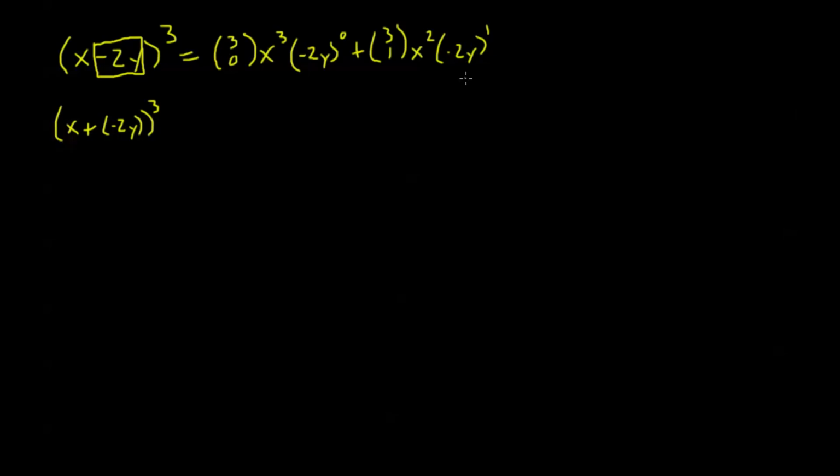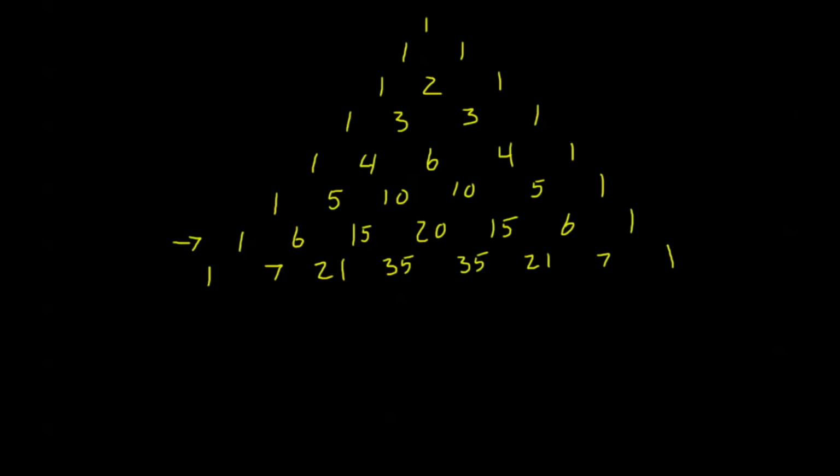Remember, this power is just k, this power is n minus k, plus 3 choose 2, x to the 1, minus 2y squared, plus 3 choose 3, x to the 0, which is just 1, minus 2y cubed. Now looking at my Pascal triangle again to get these coefficients, looking at the row with 3's, it's just 1, 3, 3, 1. So that's what I'm looking at here.